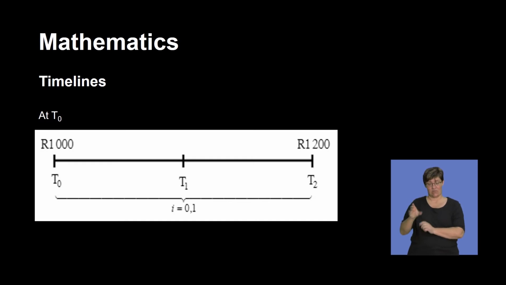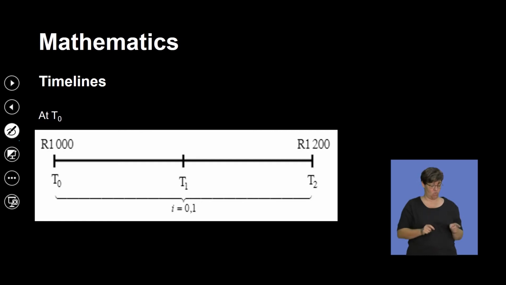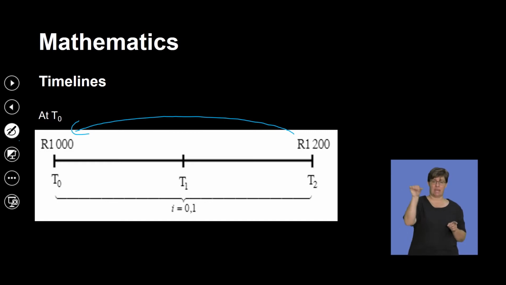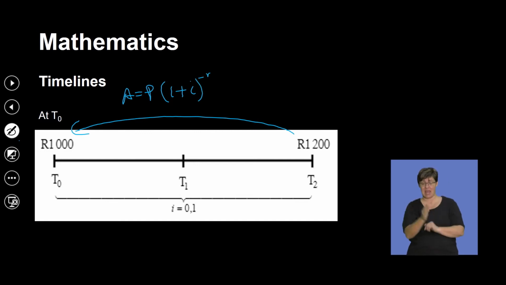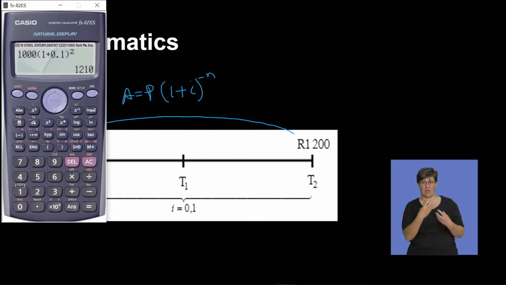So the goal here is to move forward. But now at T0, it means we are now moving backward, right? And if we are moving backward, we then need to actually use the very same formula that we have, 1 plus i to the exponent of now negative n instead of a positive n. And then from there, you can then substitute what you have. So let's just see what will happen on the calculator if I do that.